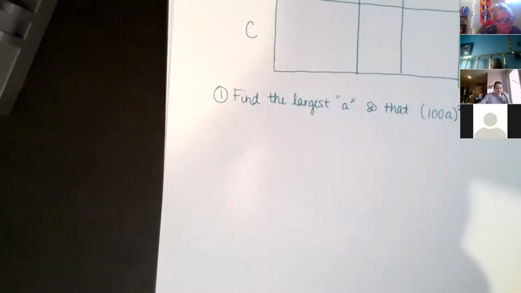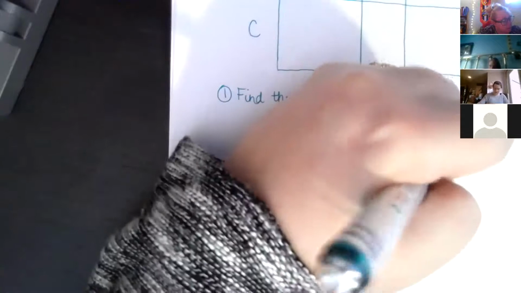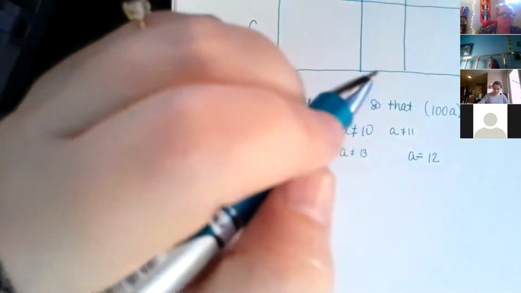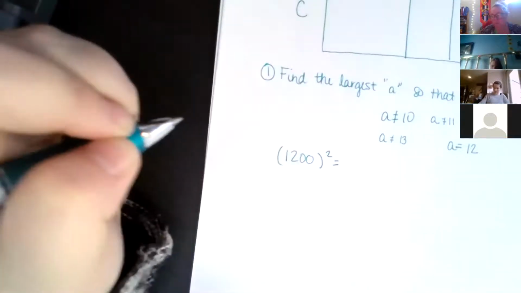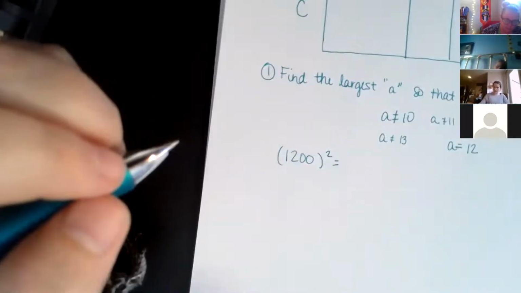Well, obviously 12 is what's going to work. So A equals 10 is too small. 11 is too small. Try 13, too big. So we find A is 12. Does 12 work? Yeah. It's 1,440,000. 1200 squared.